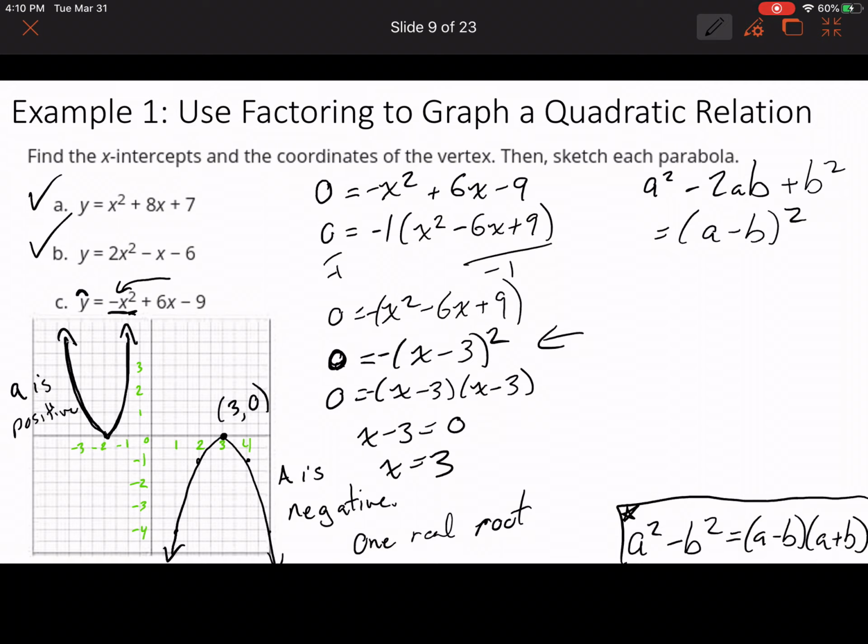So we know that point is either the minimum or maximum. I always want to put maximum point. And so that's the vertex, regardless of where it is.